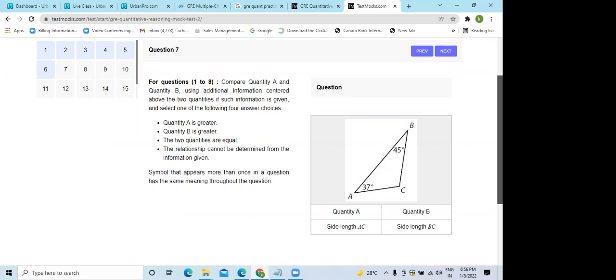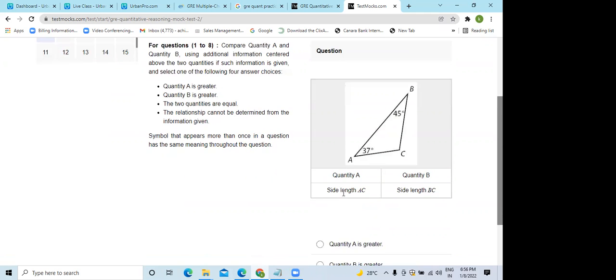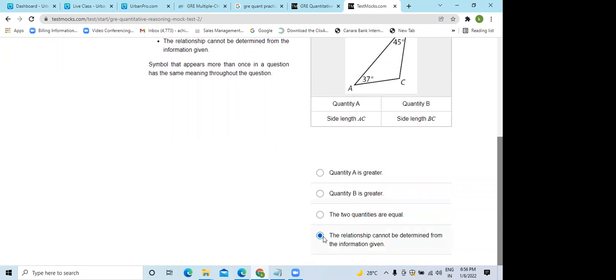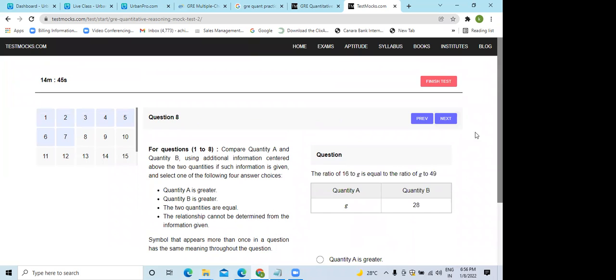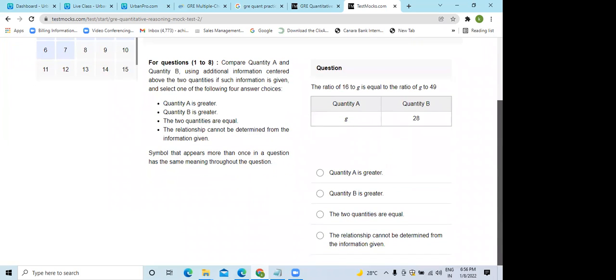Then it cannot be determined, sir. The two quantities are equal.